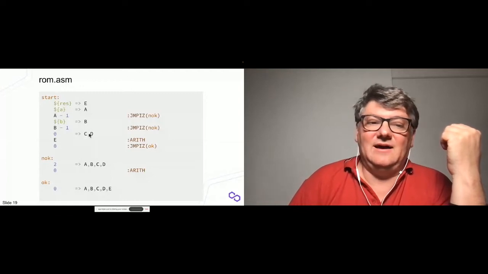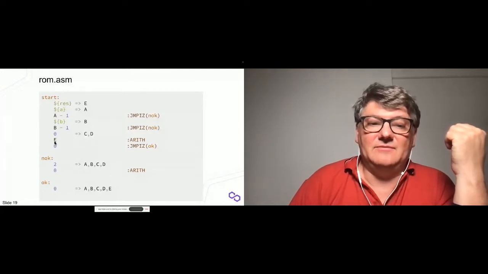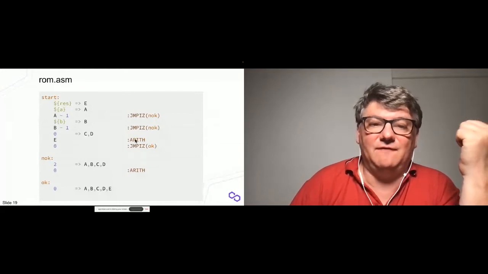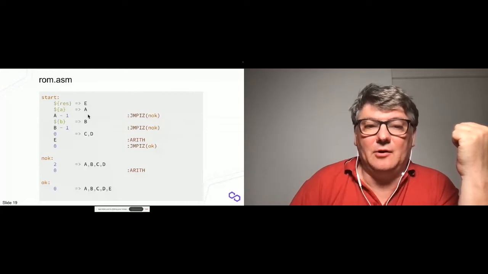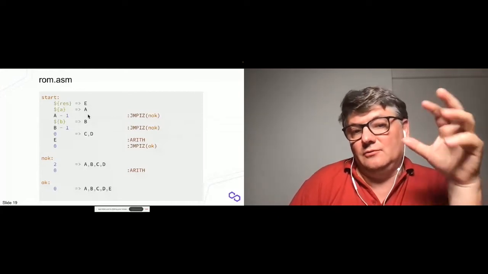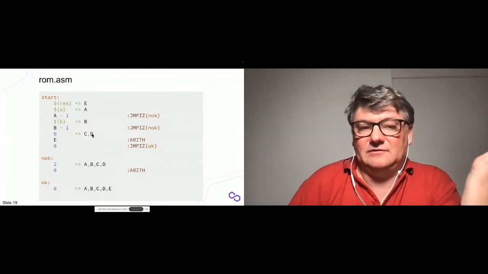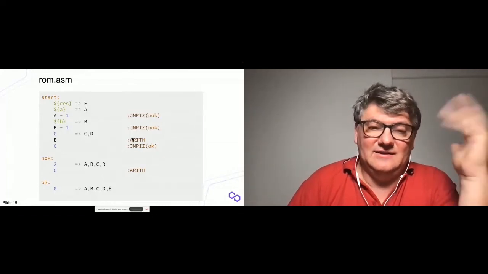And then here, I'm just selecting E, and here I'm pushing arithmetic. So what I'm forcing here is that A times B plus C, that's 0, is equal to D times C. I'm checking, and if this is 0, then that's fine.